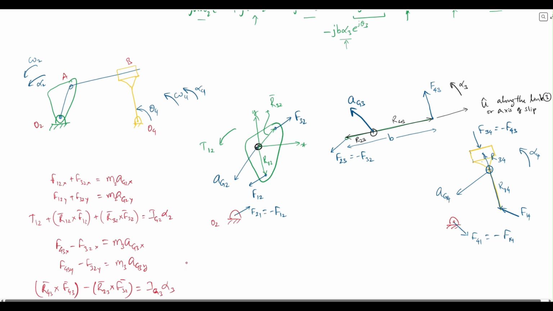In this case, we can identify an additional relationship and say that F43 is always going to be perpendicular to the axis of slip. So F43 dotted with U, or U dotted with F43, is always equal to 0. You can expand this to write U in the x direction times F43x plus U in the y direction times F43y is equal to 0.